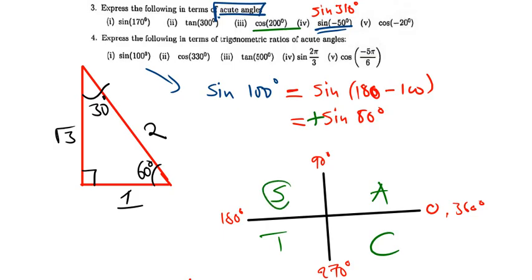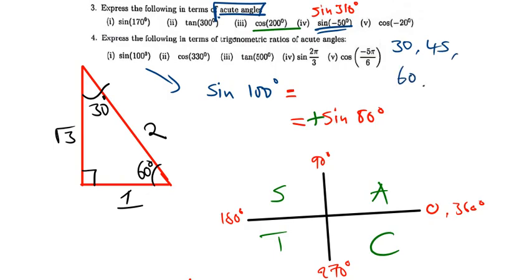Now, is there a way that you can express sine 80 in terms of addition of 30, 45, 60, 90, or any special angles that you can think of? I couldn't think of any, so I'll just end at this point for this question, unfortunately.